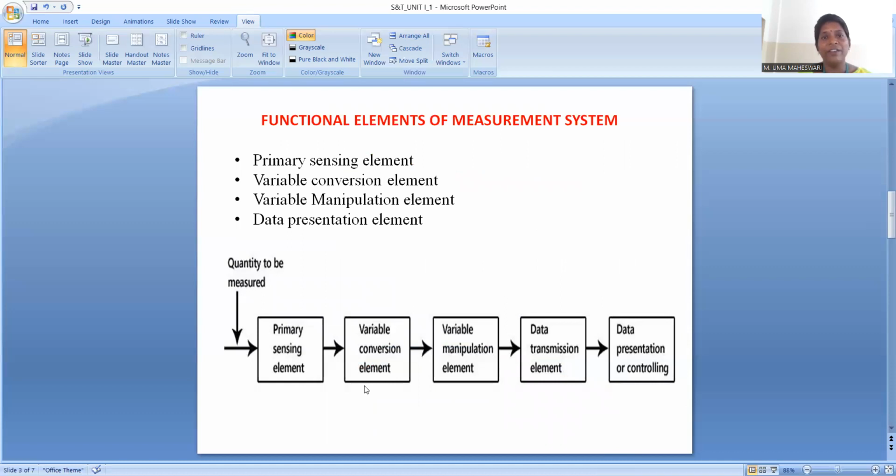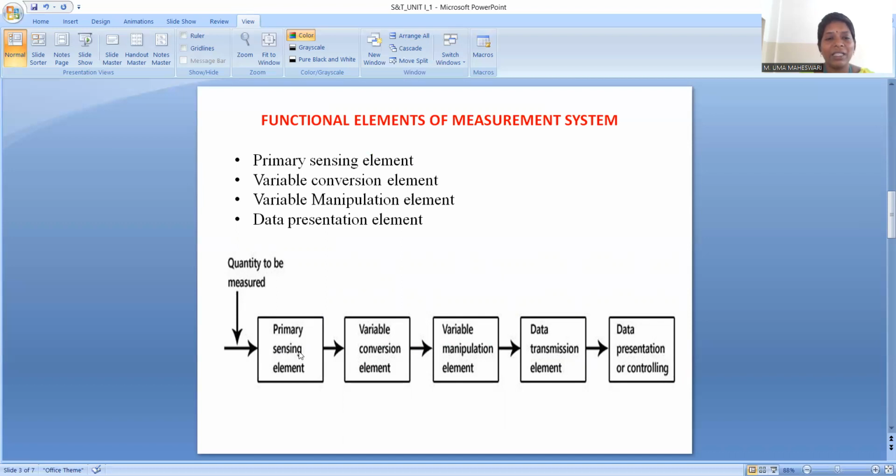Next, we'll move to the functional elements of the measurement system. The different blocks of the functional elements of a measurement system are the primary sensing element, variable conversion element, variable manipulation element, data presentation element, and data transmission element. So these are the different blocks. The quantity to be measured is given as the input to the primary sensing element.